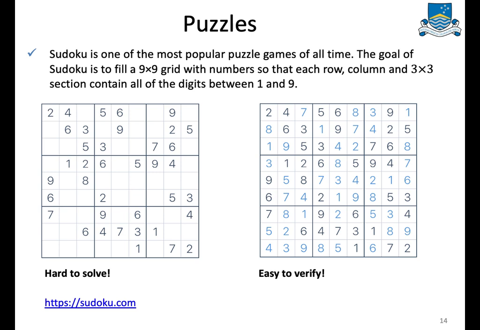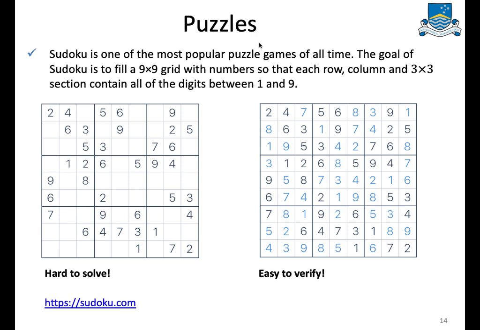And solving a puzzle is one way to demonstrate that computational work has been performed, since this process usually takes time and computational effort. However, if a solution is given, it's quite easy to verify that this solution is indeed correct, and in such a way it's a proof that computational work has been done.